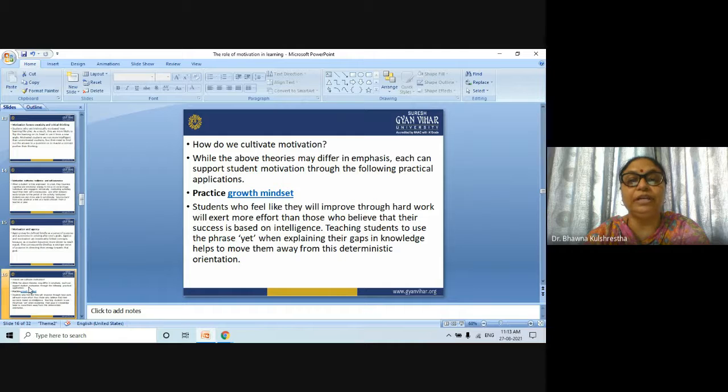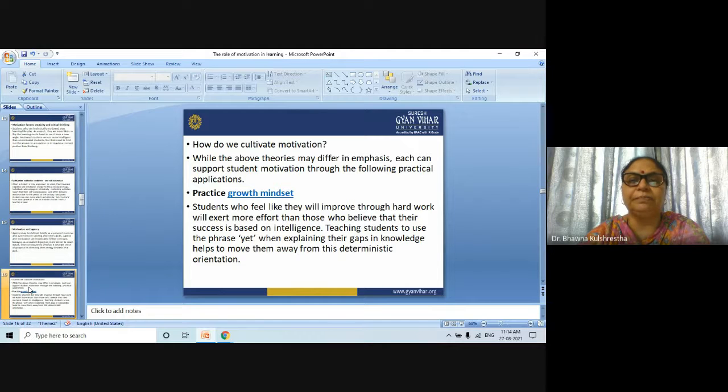Students who feel like they will improve through hard work will exert more effort than those who believe that their success is based on intelligence. Teaching students to use the phrase "yet" when explaining their gaps in knowledge helps to move them away from this deterministic orientation.